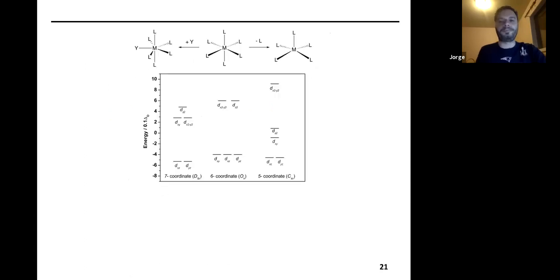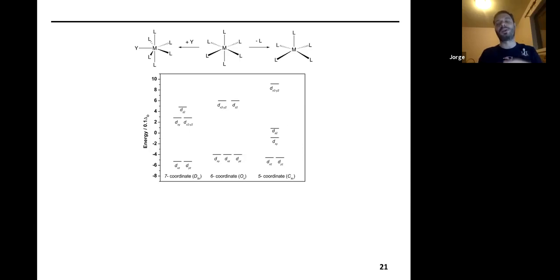Now what I would like to do together with you is to analyze, for each d configuration, d1, d2, d3, d4, d5, d6, 7, 8, 9, and 10, the energy of the Oh, the D5h, and the C4v symmetries.